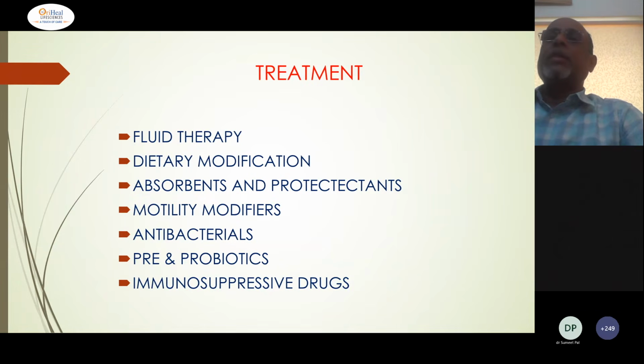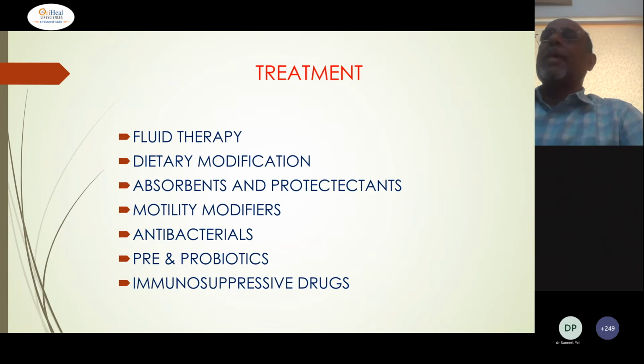No carbohydrates for cats. In dogs, easily digestible carbohydrate can be given, or you can give a novel protein. Then, of course, adsorbents and protectants, which absorb the toxins and protect the mucosa. All those things can be used for treating.